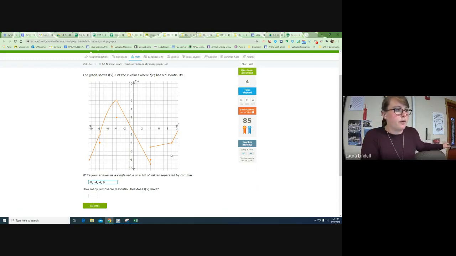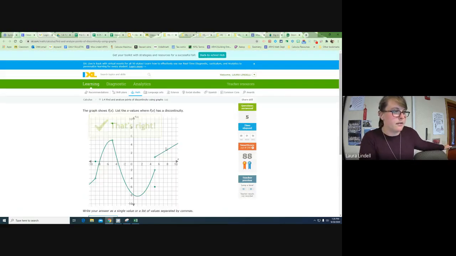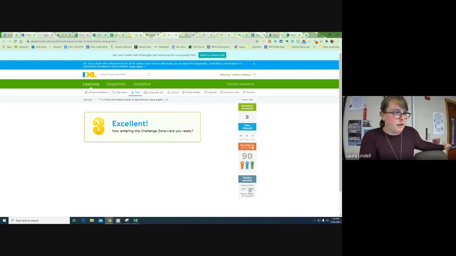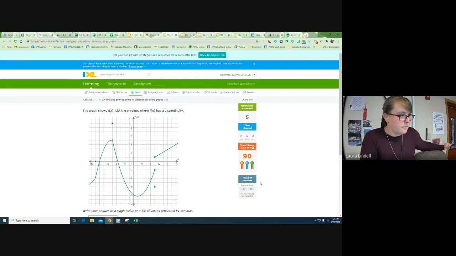So looking at which of these are removable discontinuities, that would be this one here, this one, and then this one. This one's not removable because it is a jump. That would be 3 removable discontinuities. Okay. Let me see how much harder that one gets before I say anything else.